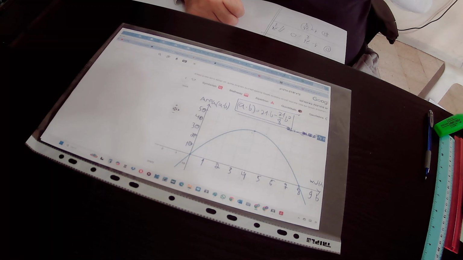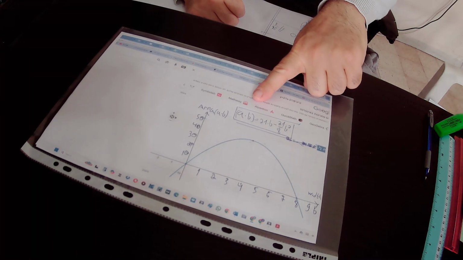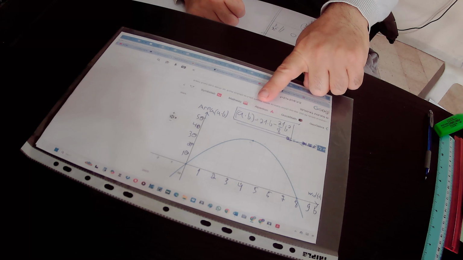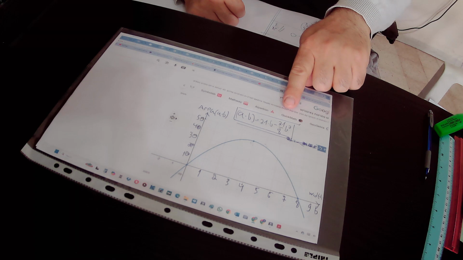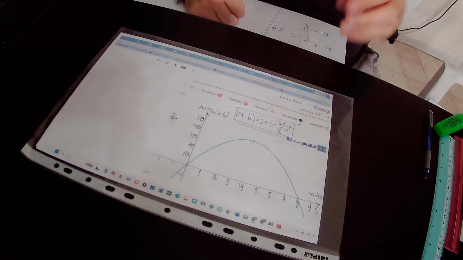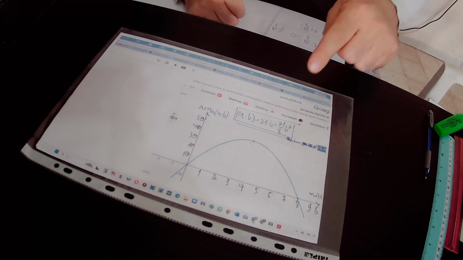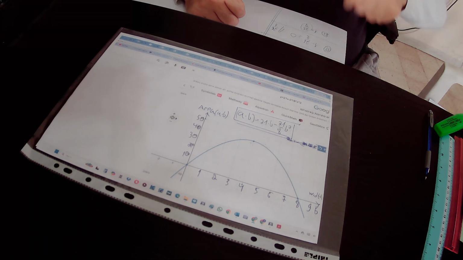Now we have to put the value of b equal to 4 in this area function. A times b is the area of rectangle PQST, and it is equal to 21b minus 21 over 8 times b squared. We just have to substitute b by 4 in order to find out what is the maximum area of rectangle PQST when b equals 4 units in its length.